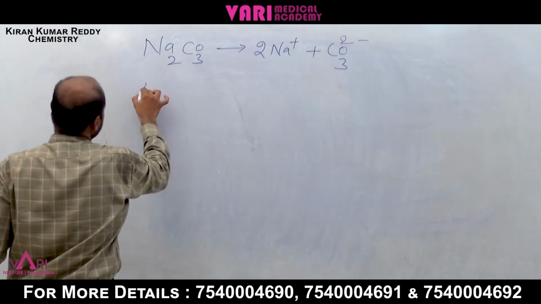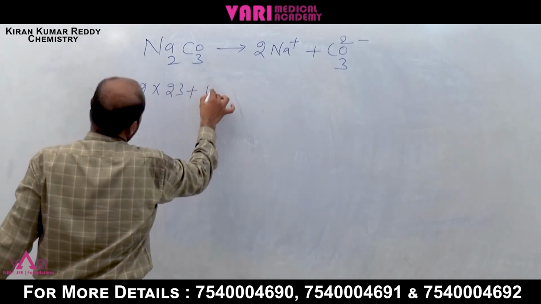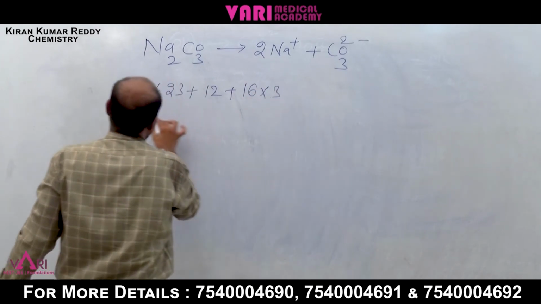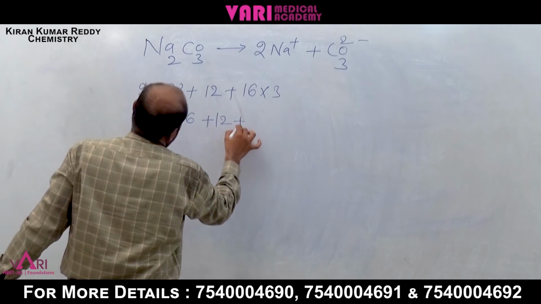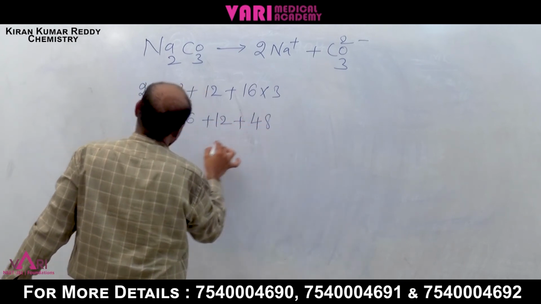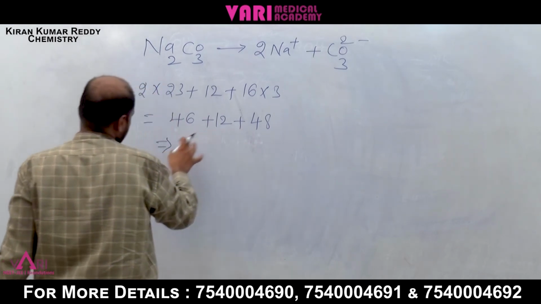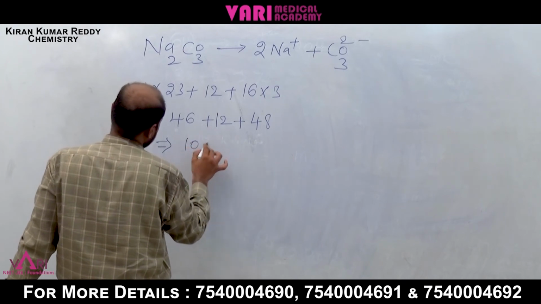Here sodium 2 into 23 plus carbon 12 plus 16 into 3, that is equal to 46 plus 12 plus 48, that is equal to 106.